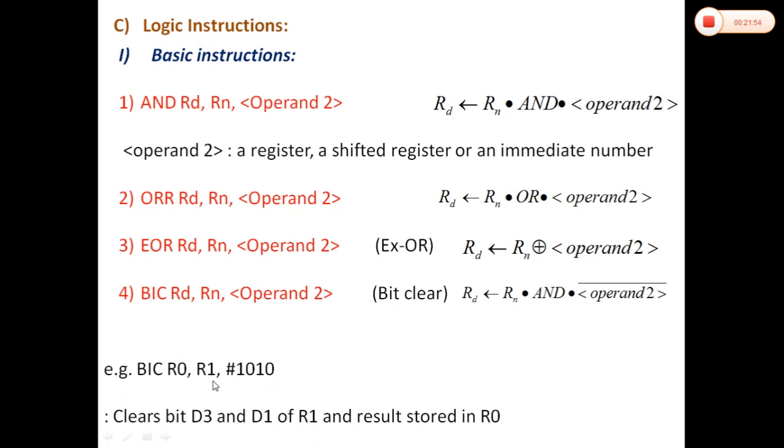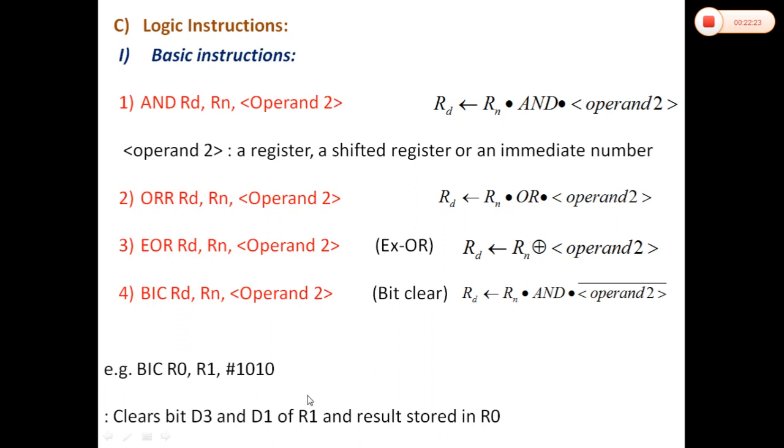Here we want to actually reset bit D1 and D3 of R1. So what will internally happen is like this. This is complemented. When this number is complemented, all the bits except D1 and D3 will become 1.